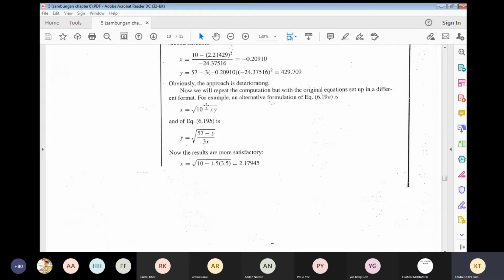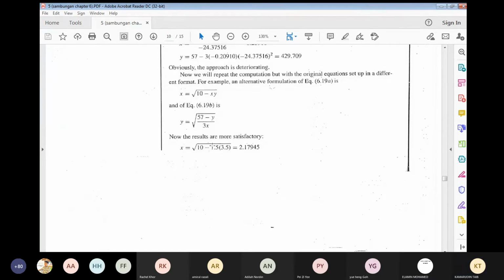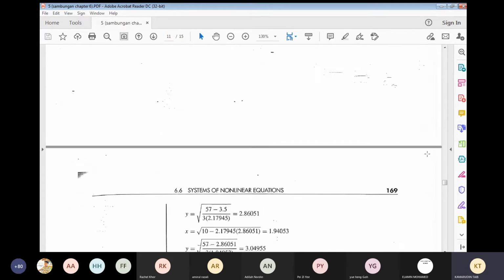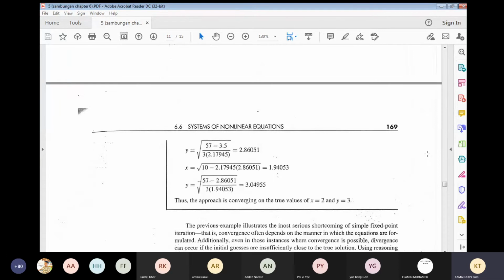After writing it in this form, we substitute the trial values of 1.5 and 3.5, and x turned out to be equal to 2.17945, whereas y equals 3.0495.